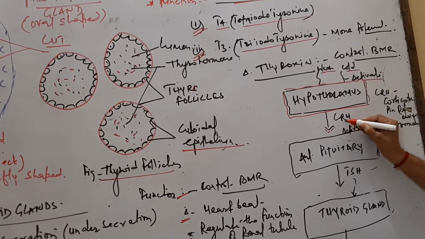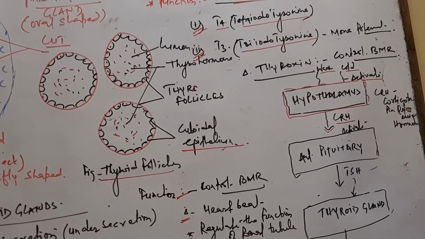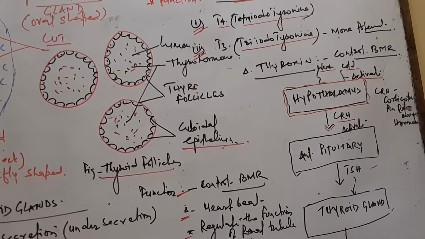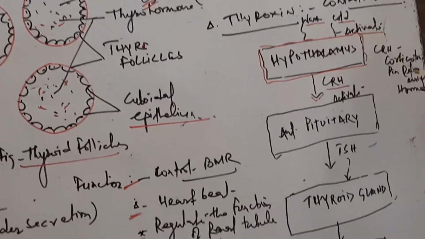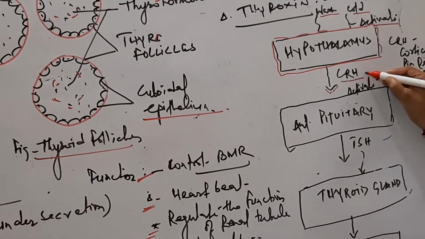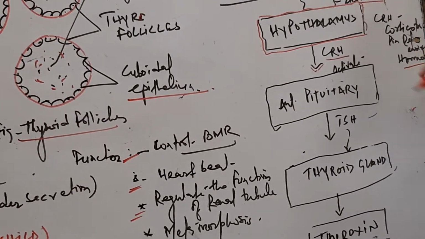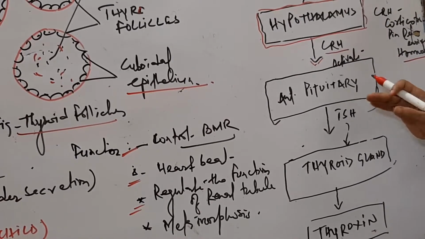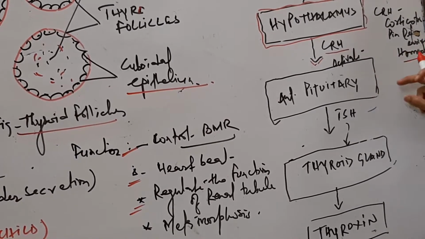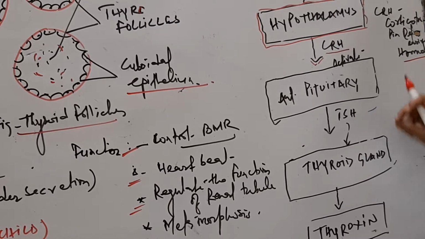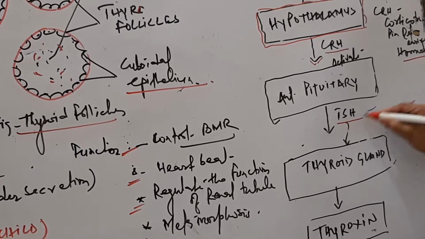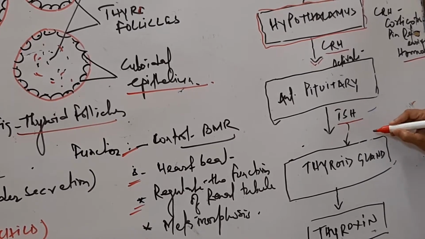That hormone is called CRH, corticotropin releasing hormone. Corticotropin releasing hormone acts on the anterior pituitary, activates it, and it releases another hormone, TSH, thyroid stimulating hormone.